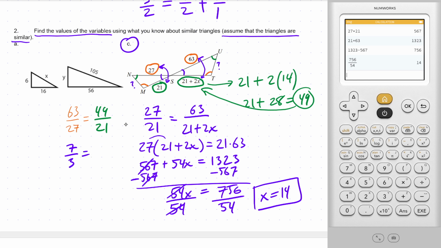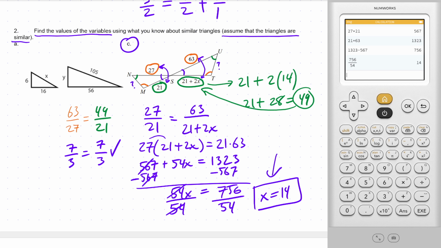And let's divide the top and bottom by 7 in the second ratio, and that will give me 7 over 3, which, guess what, checks out. And so that makes me even more confident that my answer, x equals 14, what I got right here, is probably correct in solving this problem.